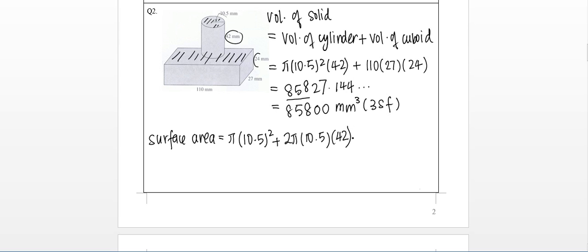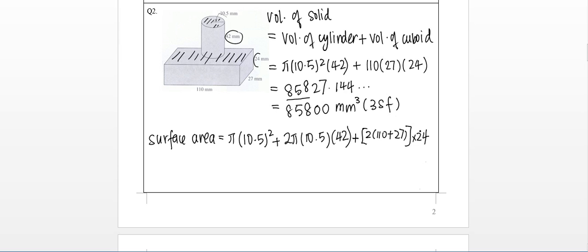And then I still need to add the surface area of the cuboid. Now for the surface area of the cuboid, you will take the perimeter of its base, which is 2 times 110 plus 27, and then you multiply this by 24, which is its height.